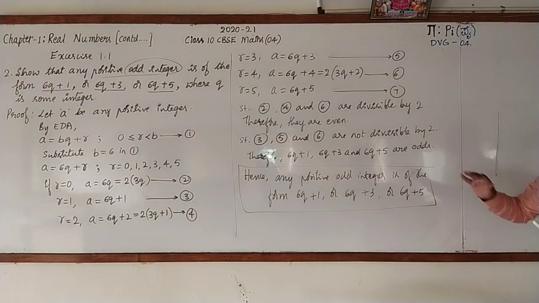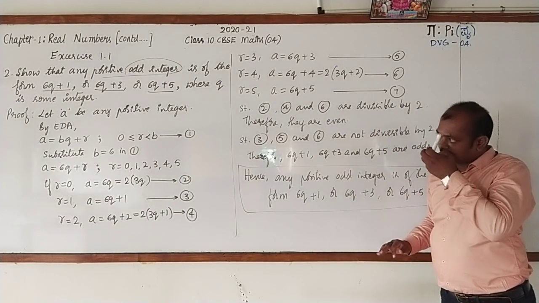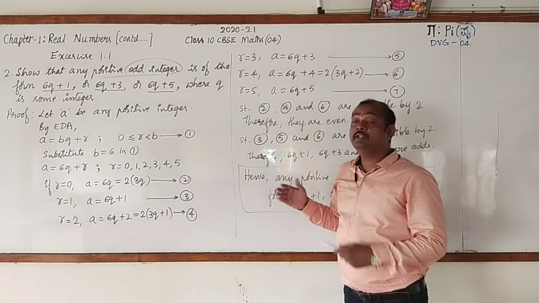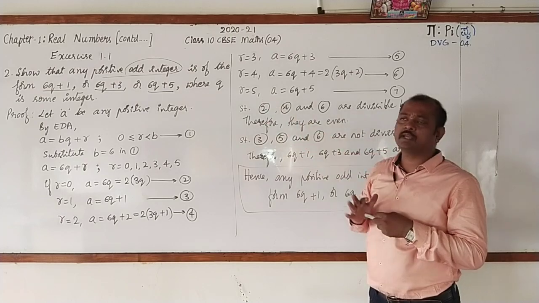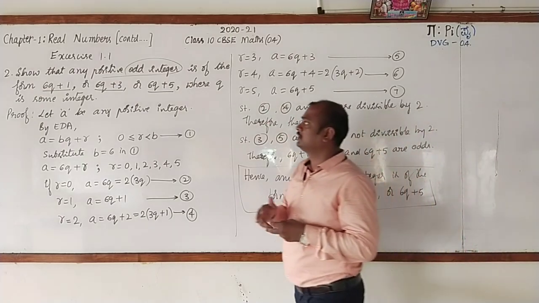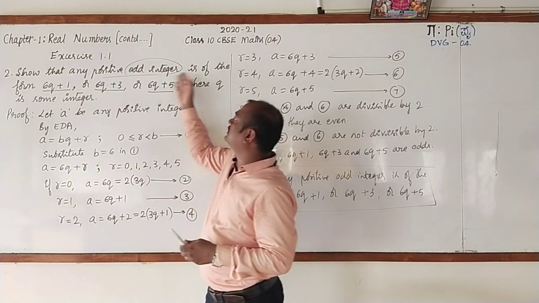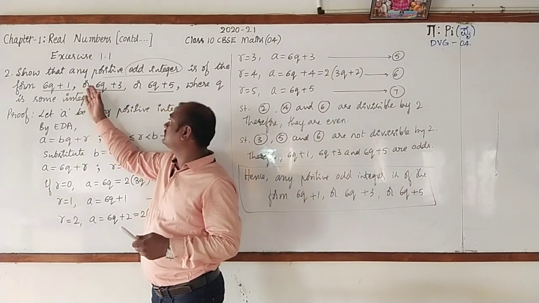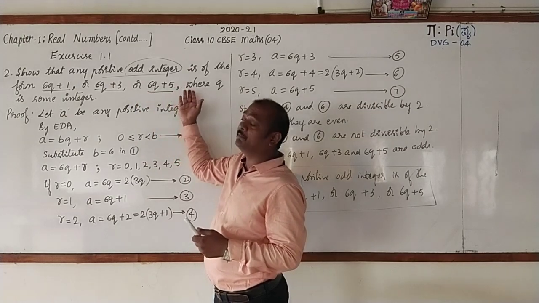I hope that you all have understood this. Then you have to go through this again, and even the same question can be asked in another way as: show that any positive odd integer is of the form 6m plus 1, 6m plus 3, 6m plus 5.